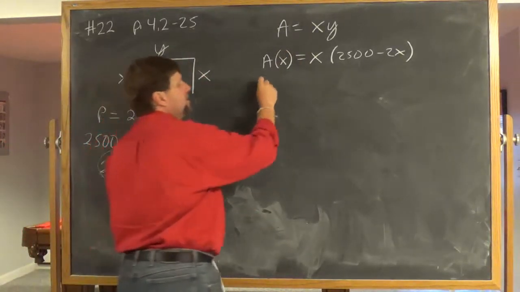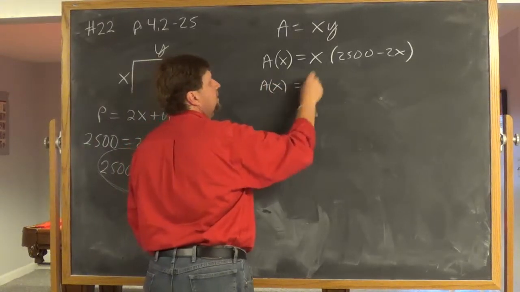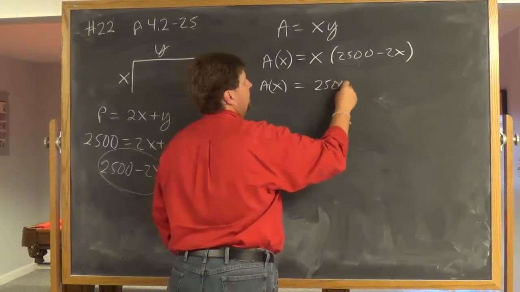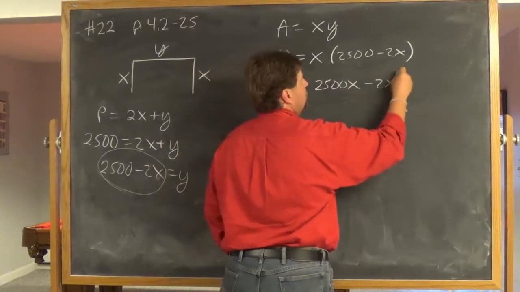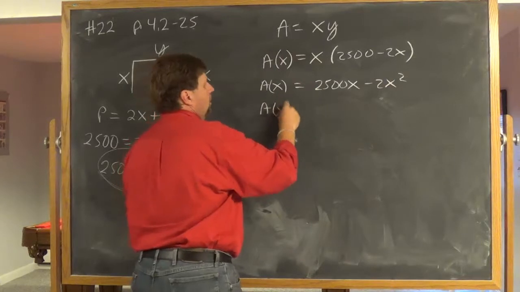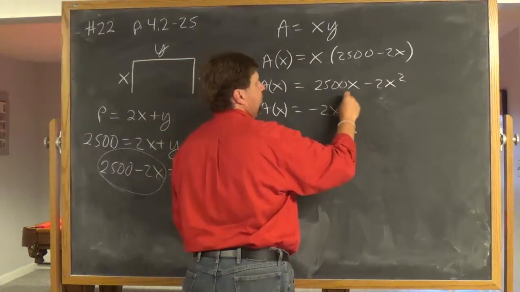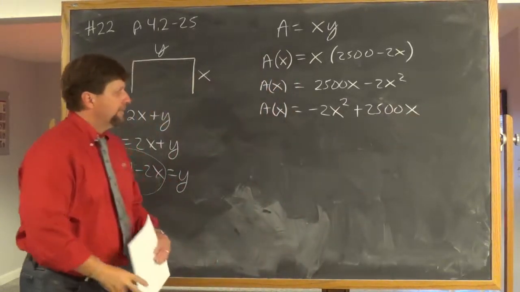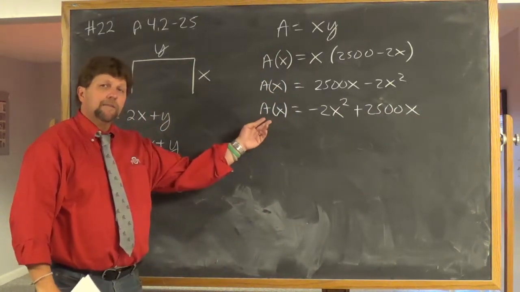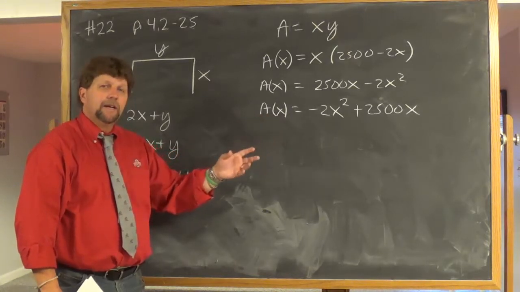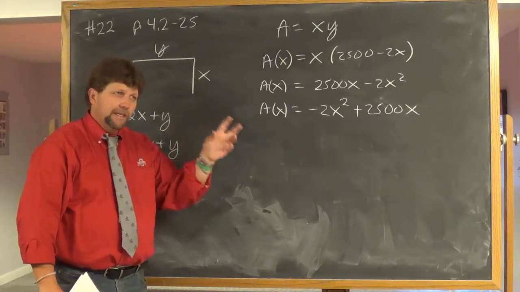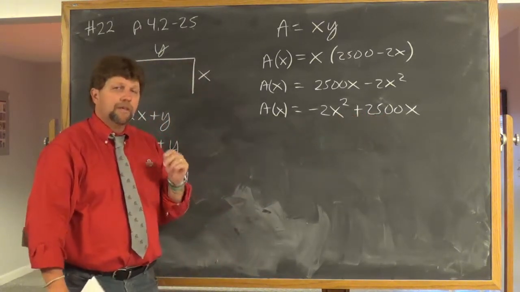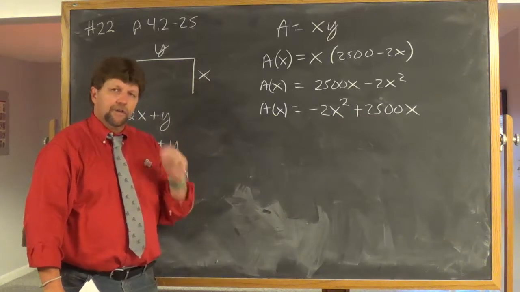And if you go ahead and distribute that x, you're going to get 2500x minus 2x squared, or I would rewrite it as negative 2x squared plus 2500x. This is what we're trying to maximize. We're trying to determine the maximum area. So again, buzzwords. You see maximum, you see minimum, you have a quadratic function, you should be thinking find the vertex.